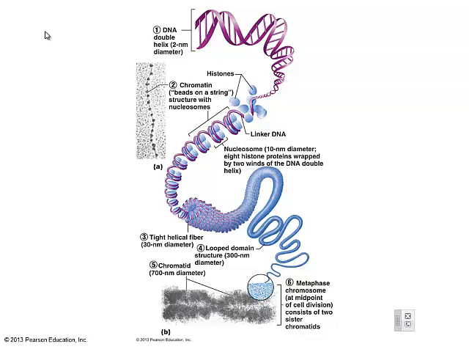If I'm talking about DNA, how many different nitrogenous bases are there? 4. Adenine, guanine, thymine, cytosine. They come together in little units called what? Nucleotides.